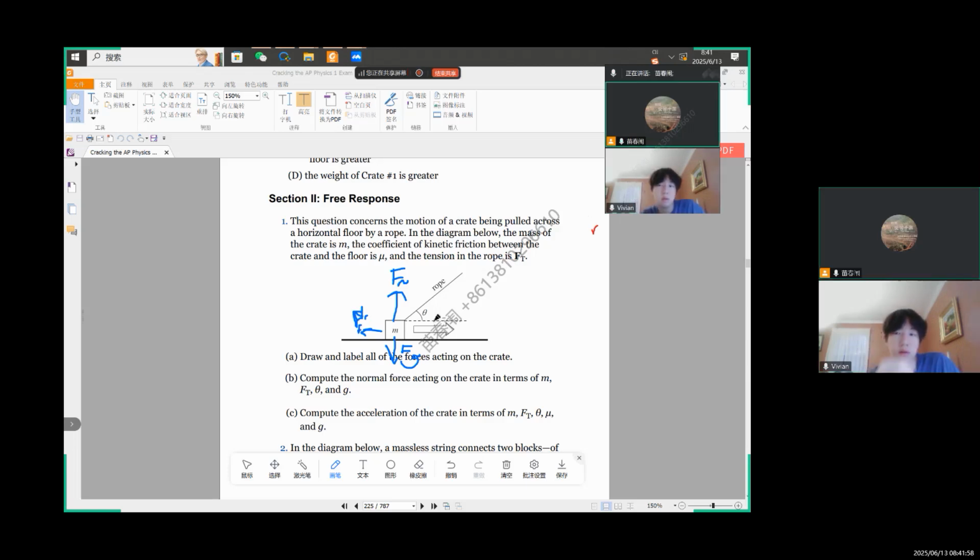Yeah. Is that all the forces? That one, like the force rope. There's also pulled. Yeah, there's a rope tension.